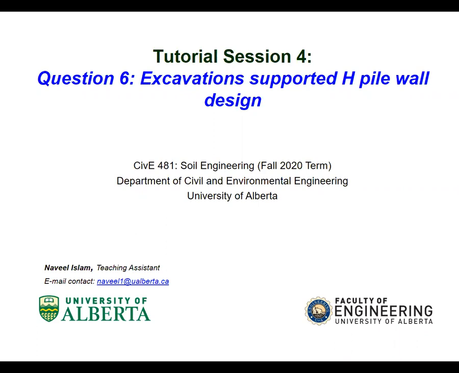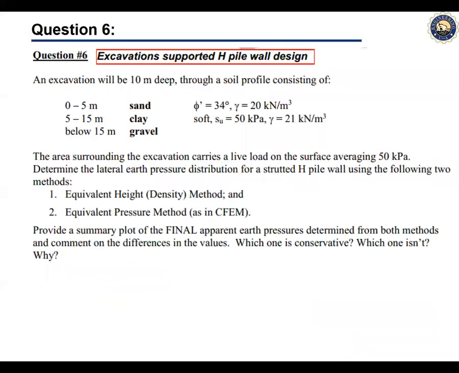On this question, we are asked to design an excavation supported H-pile for the excavations up to 10-meter depth through a soil profile consisting of 0 to 5 meters of sand with phi equals 34 degrees, gamma equals 20 kilonewton per meter cube.